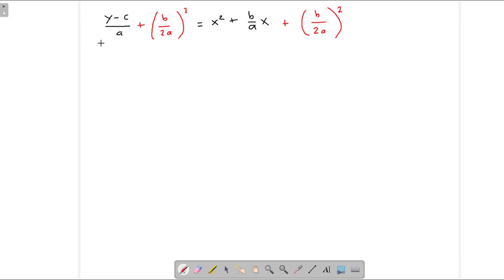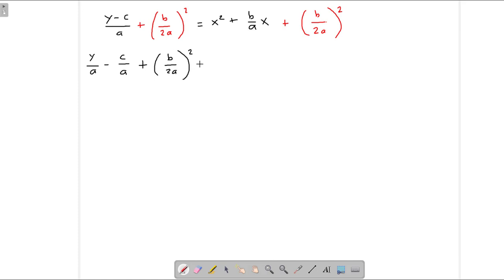So the left-hand side, I'm going to first split up this fraction into y over a minus c over a. And notice they have the same denominator, so if I combine these, you'll get back to exactly this. I'll keep my (b over 2a) squared the same for now.